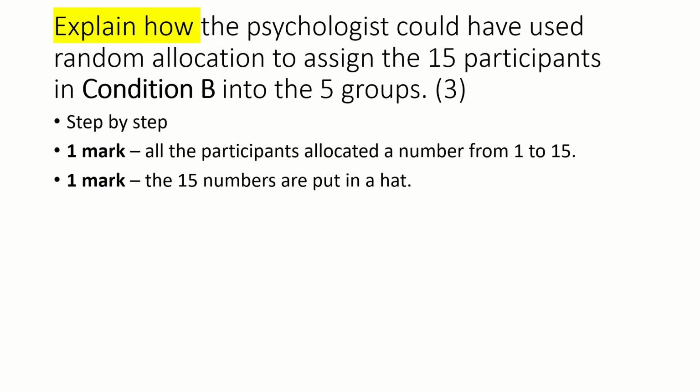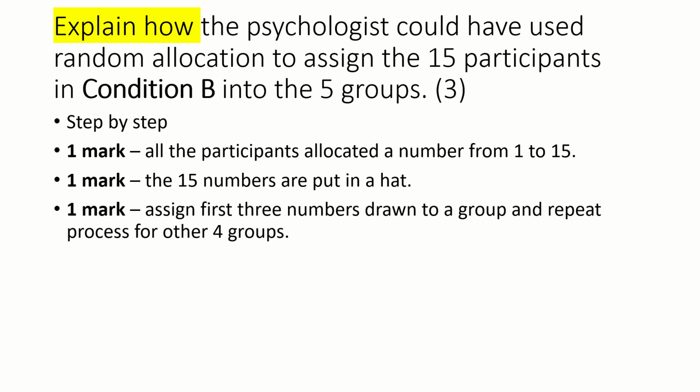All the 15 numbers are put in a hat. Now, if you said that all the participants' names were placed in a hat, that would get you the marks, because you'd write the names down and then you put them in the hat. So that's 2 marks, as long as you've got all 15 participants' names in a hat. Or if you've mentioned a random computer generator, you put all the names into a random computer generator, that would be fine too.